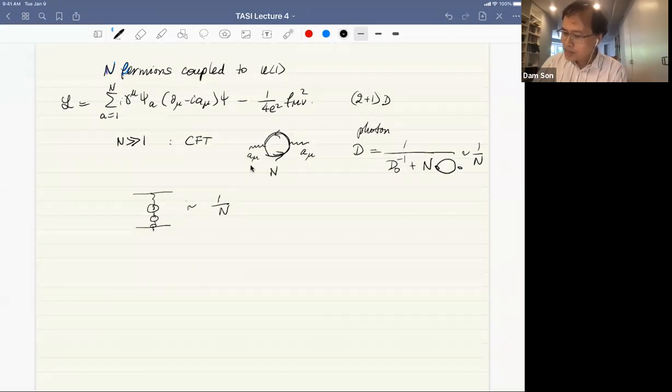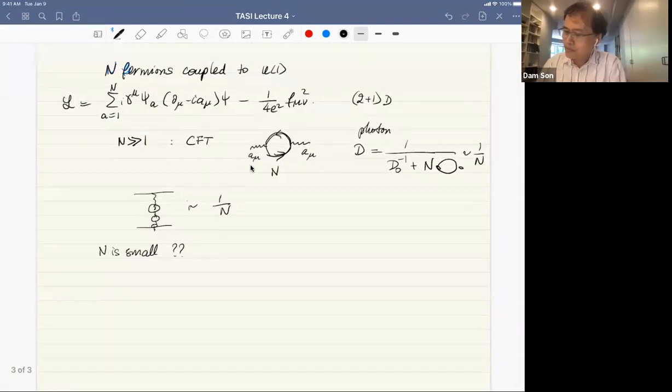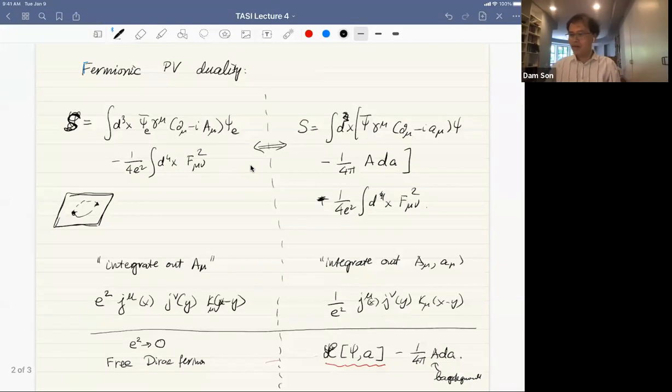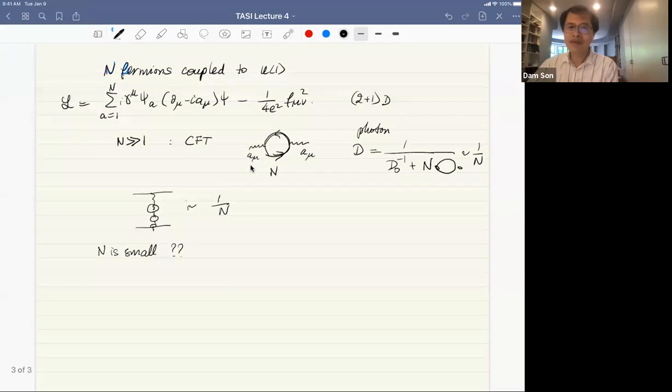Now, it's not clear what happens when n is small. Before this fermionic particle-vortex duality was suggested, people tried to determine whether there is a minimal value of n where the theory remains conformal, using not very rigorous calculations.